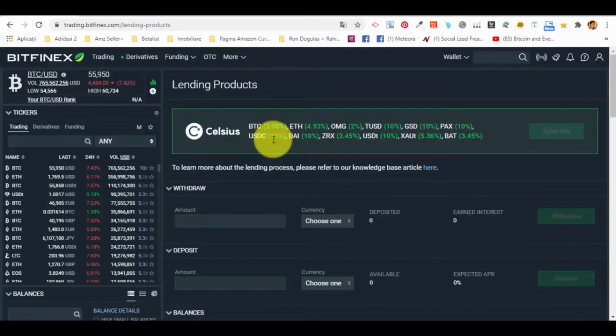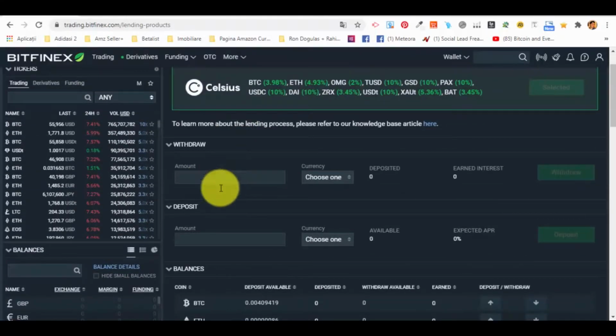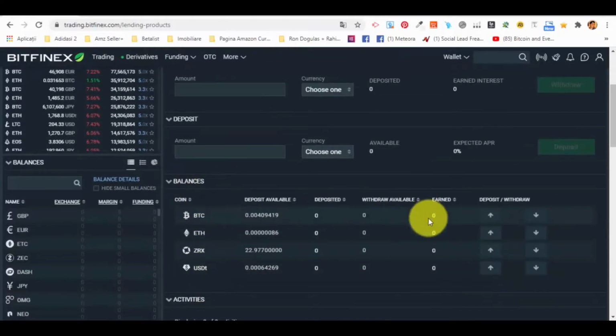If we click on the lending products, we are going to see all the currencies available for lending. And we can see here a few of them. We just have to check our balances and see what we can deposit in order to lend. For example, here we have ZRX.